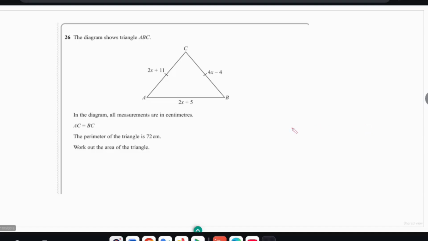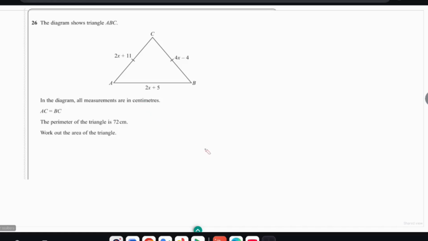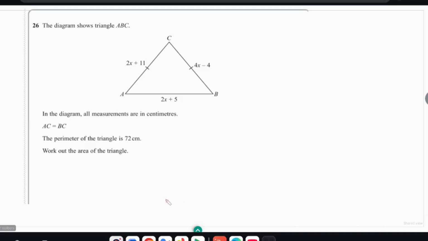Question 26. Diagram shows a triangle ABC. In the diagram, all measurements are in centimetres. The perimeter of the triangle is 72 centimetres. Work out the area. So I know all of these lengths add up to the perimeter.